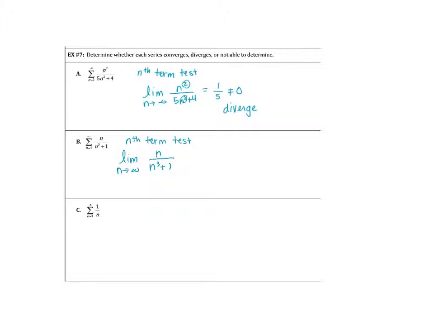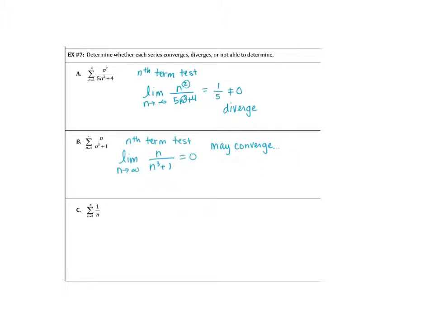Looking at that, again, notice this time that the denominator is growing a lot faster than the numerator. So here, this one equals 0, but we can't say, aha, this converges. We can say this may converge. We don't know if it does or not for sure.